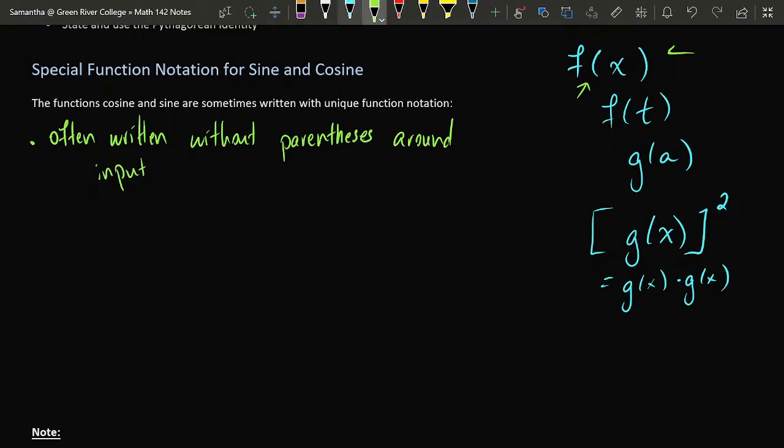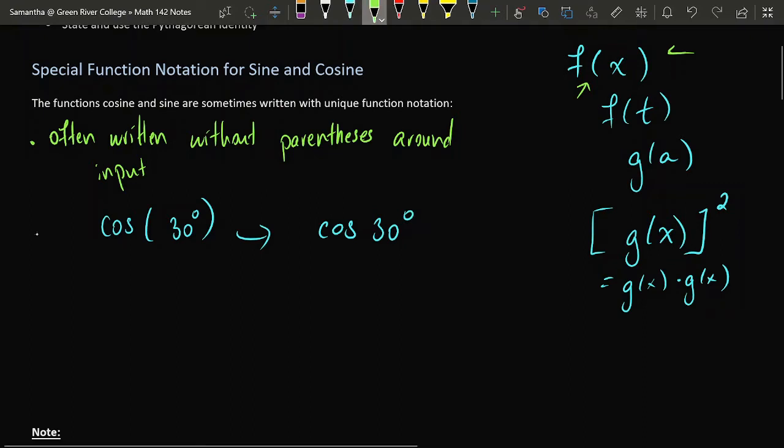So although it's traditional and technically speaking it's correct to write cosine parentheses 30 degrees, you might see this in practice actually written as cosine 30 degrees with no parentheses.